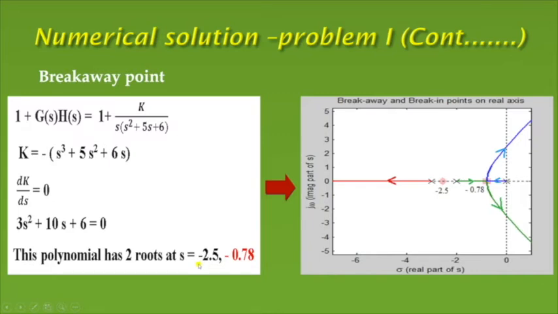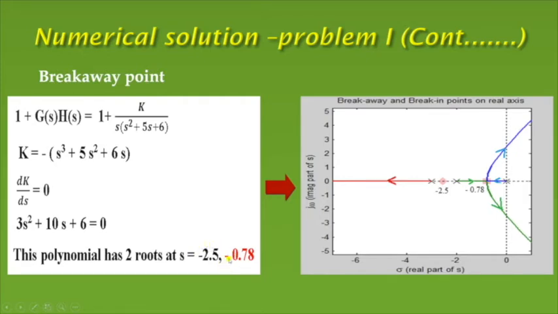Of these two real roots, only one exists on the root locus, because minus 2.5 lies between minus 2 and minus 3, where there is no root locus.